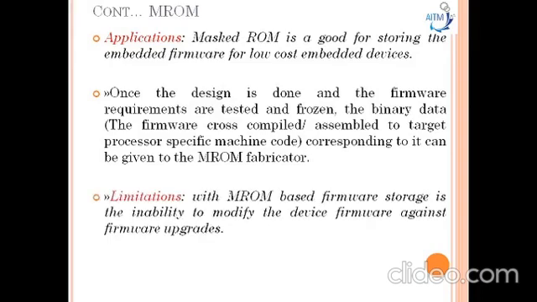The limitation with MROM based firmware storage is the inability to modify the device's firmware for firmware upgrades, because the contents are programmed by the IC manufacturers rather than by the user here.